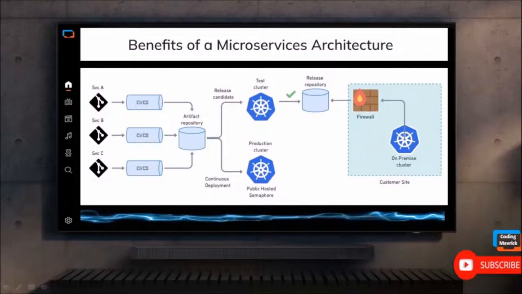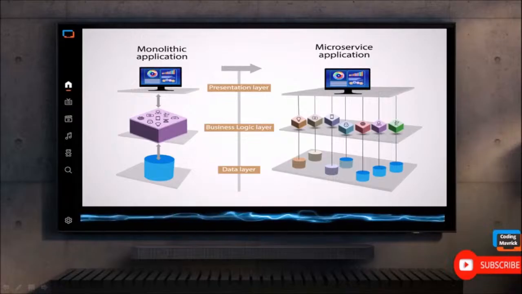Similarly, teams can release features without waiting for the entire system to rebuild. And if the order service fails, the rest of your system still works. Over here, smaller code bases are easier to understand, debug, and replace.